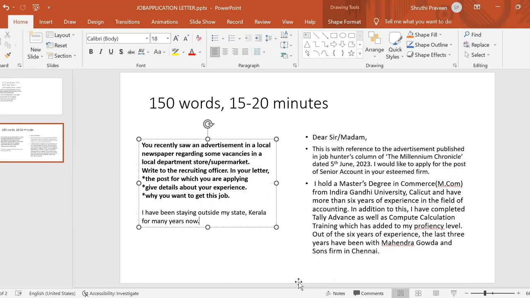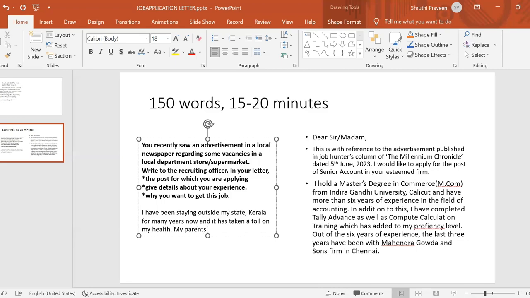I've been staying outside my state Kerala for many years now, and it has taken a toll on my health. Okay, and you can expand that point a little more because you need to meet the word count.